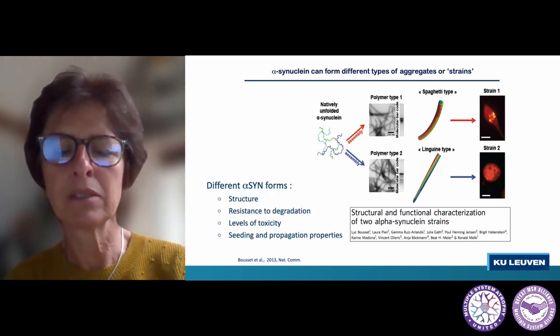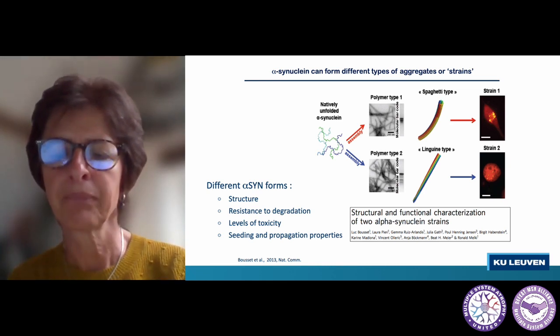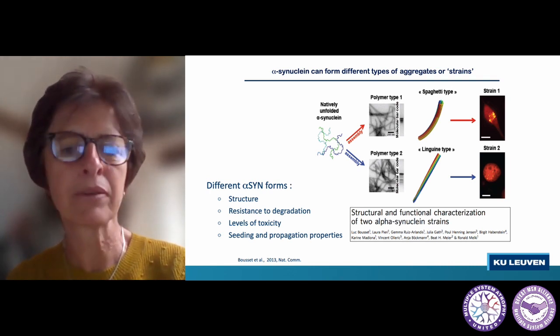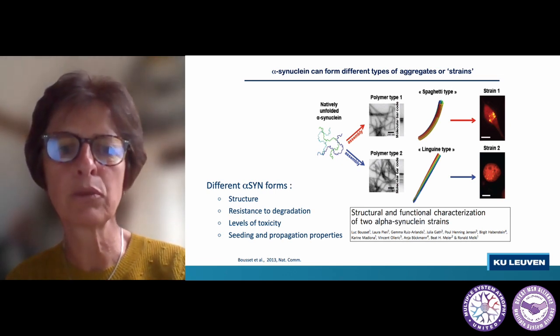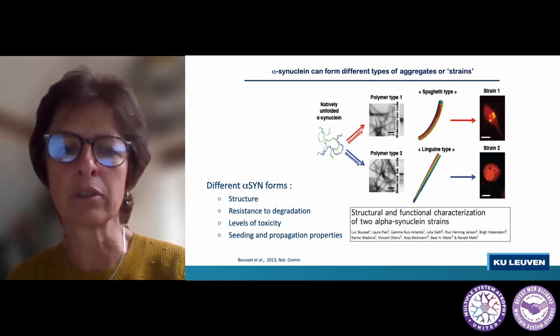And so we started to collaborate with Ronald Melki, who is a biophysicist from Paris. He found that in vitro we could generate from alpha-synuclein different kinds of strains. He called them type 1 or type 2, and here he called them fibrils or ribbons.